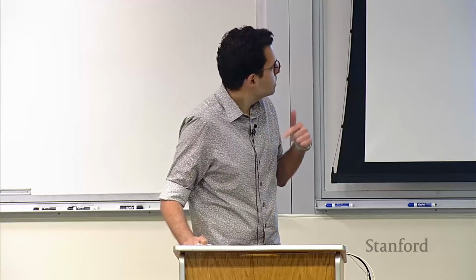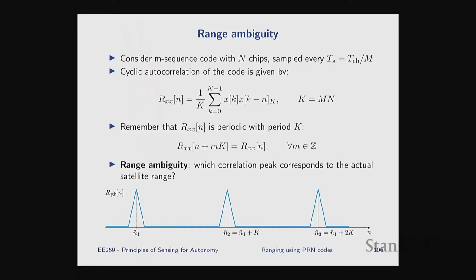The third one, which we didn't quite finish, we just set up the problem, is this idea of range ambiguity. The signals that are being transmitted are periodic, so the correlations also are periodic. We usually just calculate it over one period of the signal.